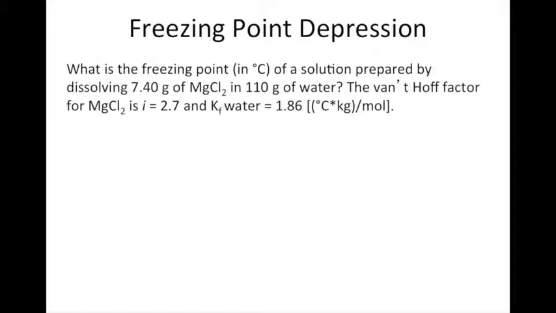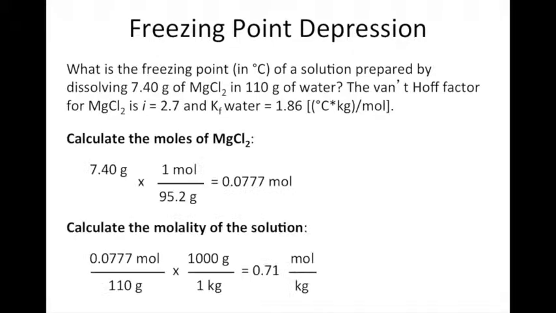Okay, so let's take a look at this. We want to calculate the freezing point for this magnesium chloride solution, based on the information that's given. First thing I would do is calculate the moles of magnesium chloride. We need this in order to calculate our molality. We take our grams divided by the molar mass to give us the moles of magnesium chloride.